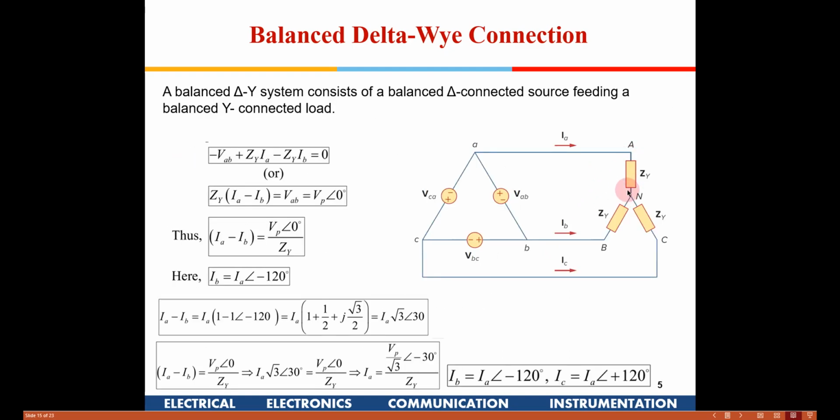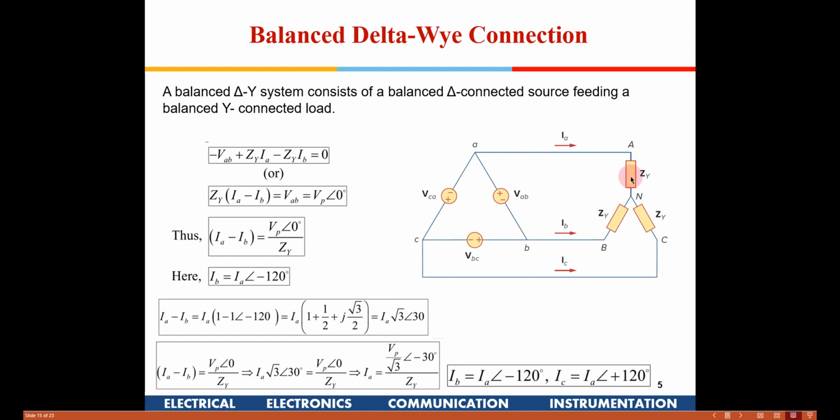If you see here, the voltage across each of them is going to be the phase voltage, not the line voltage. Line voltage will be applied across two impedances. So if I have to find the current in only one of them, it will be the phase impedance. This derivation is given here.